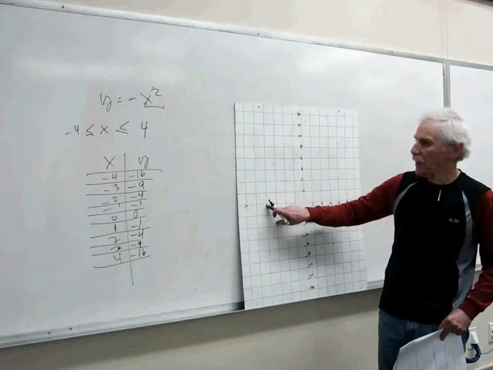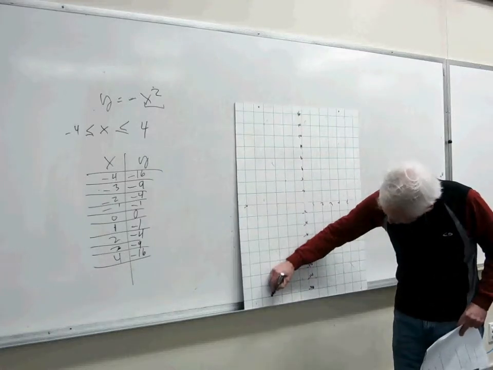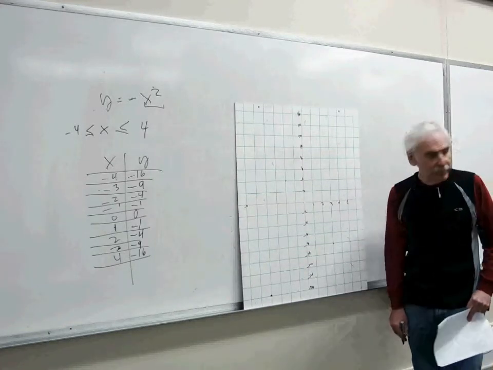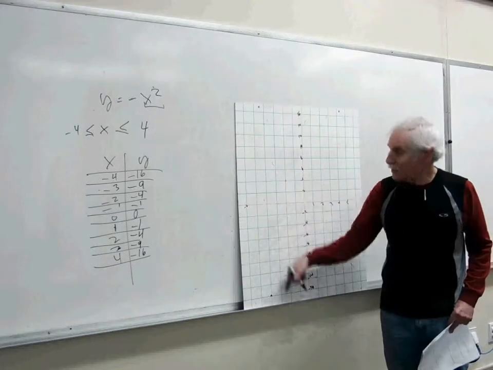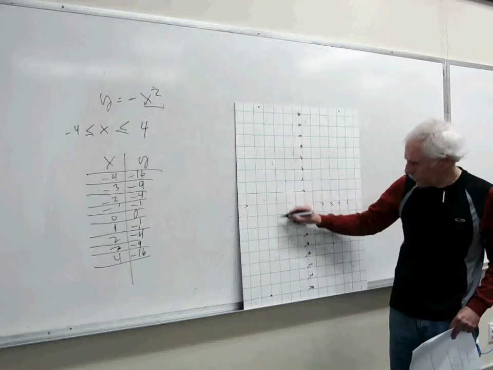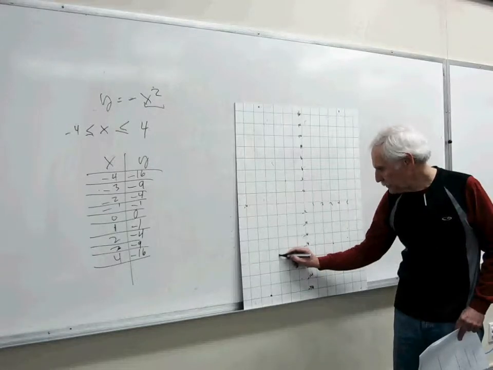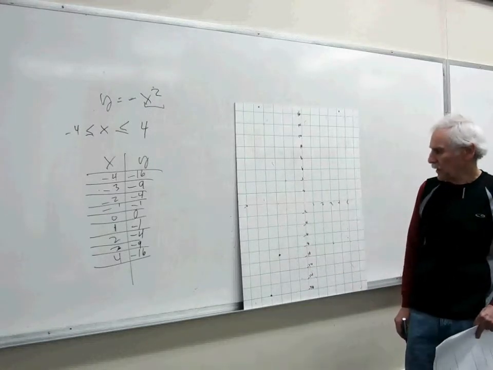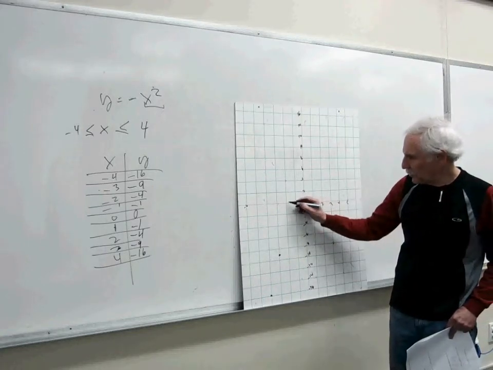There's minus 4 and minus 16, way down here. That's my first data point. Next one is minus 3 and minus 9, right here. Agreed? What's next? Minus 2 and minus 4.